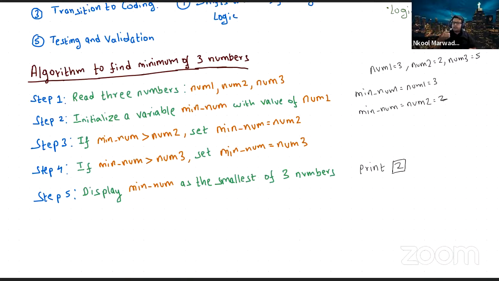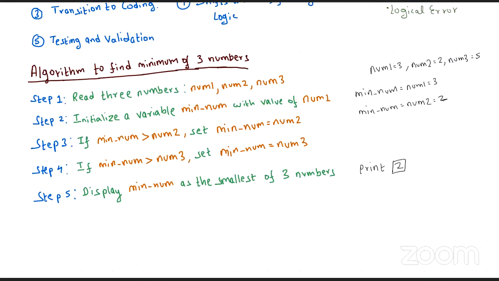Else we check if num2 is less than num1 and num2 is less than num3, minimum is num2. Then we check num3: if num3 is less than num1 and num3 is less than num2, print minimum is num3. So there is no need for any variable. That is possible.